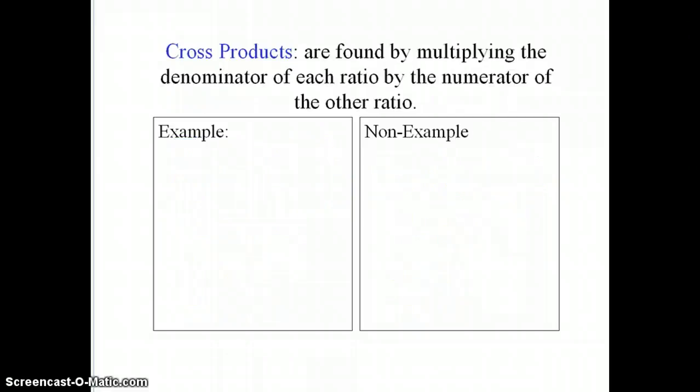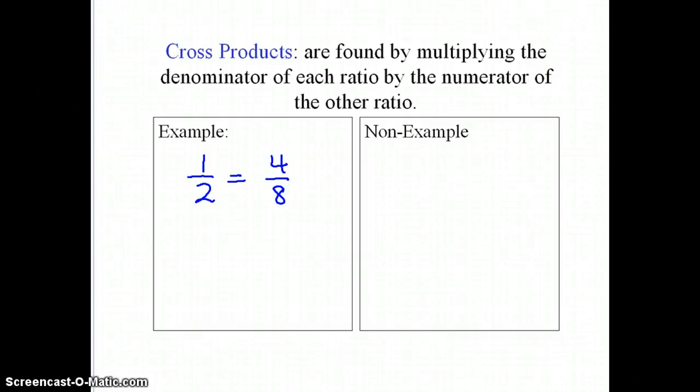Our second definition for today is cross products. Cross products are found by multiplying the denominator of each ratio by the numerator of the other ratio. For example, if I have 1/2 is equal to 4/8, we have already determined that these are a proportion.